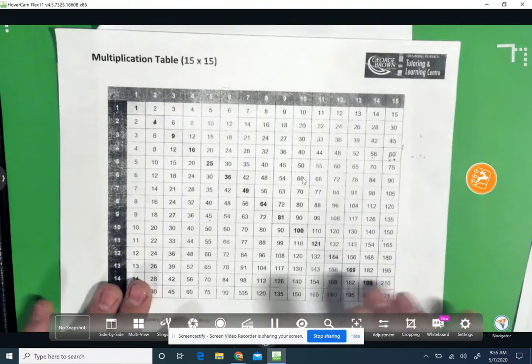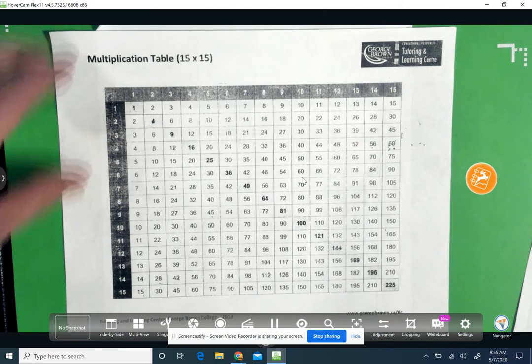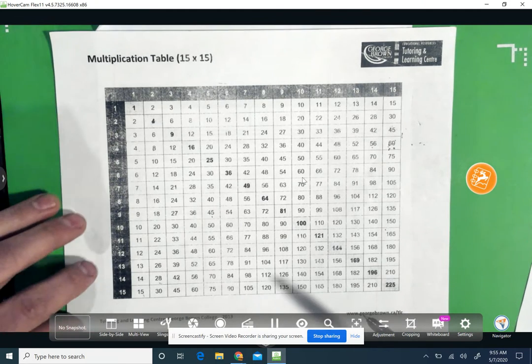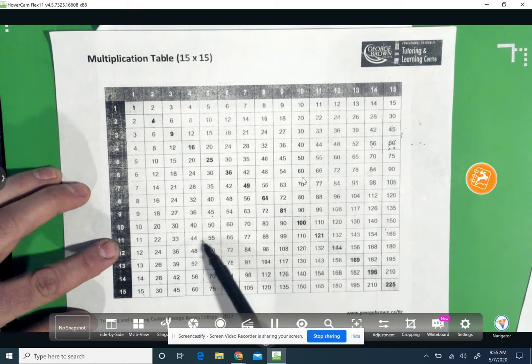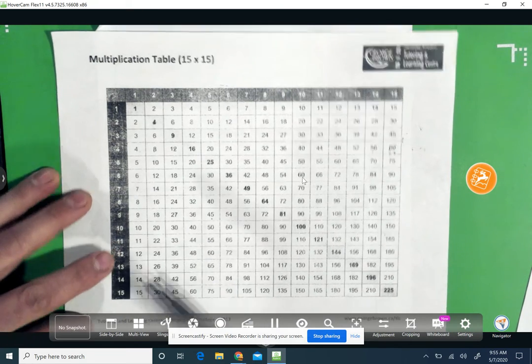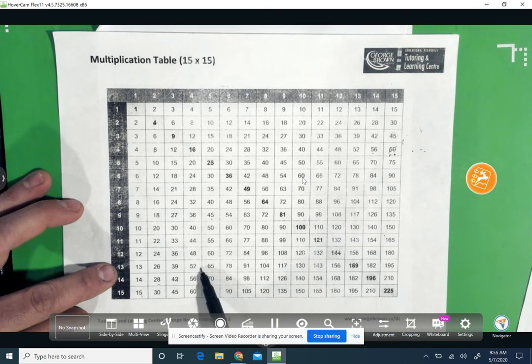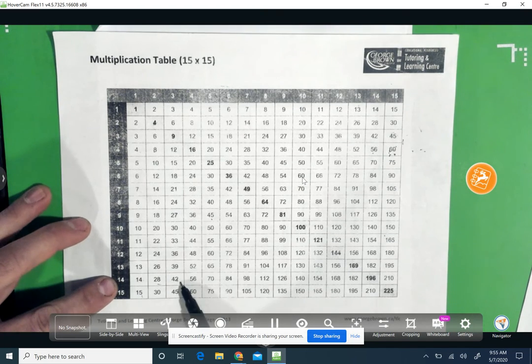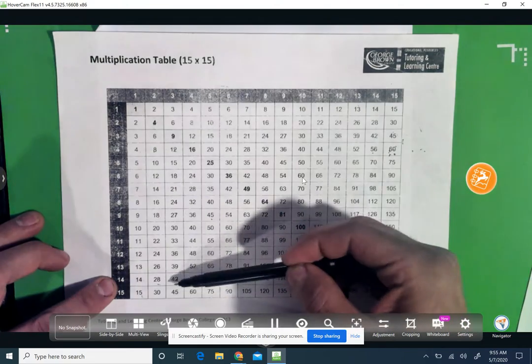Now I can go to my multiplication table and check to see if there's any other factors of 42. 10, definitely not. 11, no, close, 44. 12, nope. 13, we got 39, then 52. Ooh, look at that. 14. 14 times 3 is also 42.